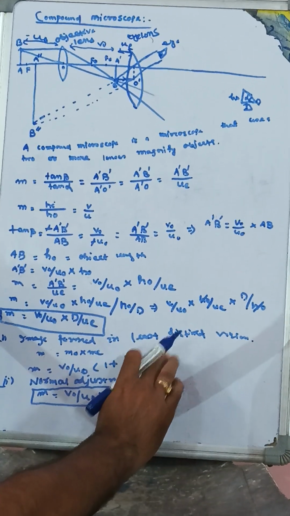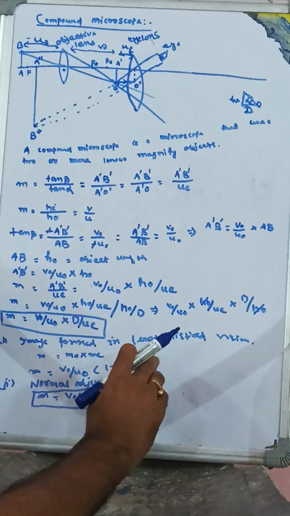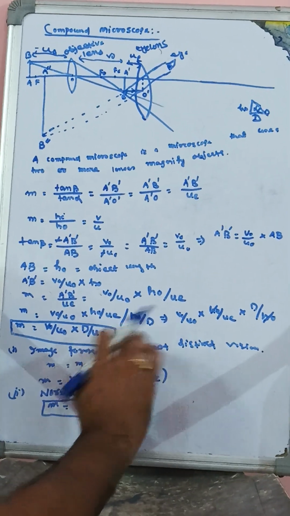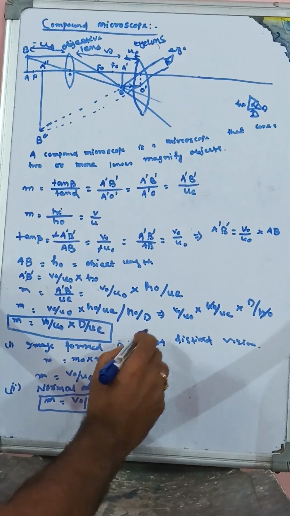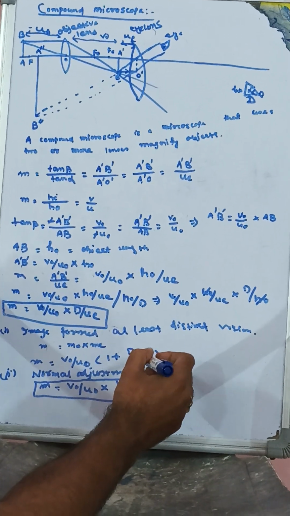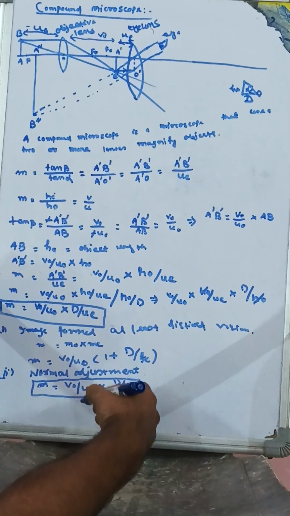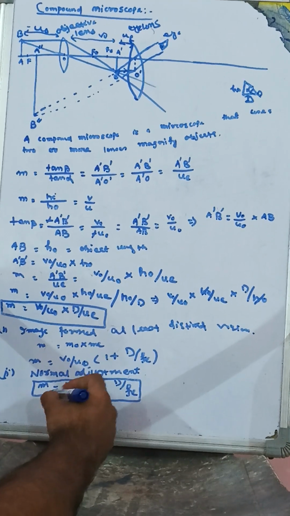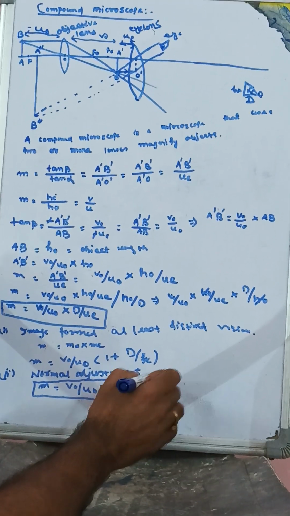This is the equation for the image formed at the least distance of distinct vision, v0 by u0 into 1 plus D by fe, and in normal adjustment M is equal to v0 by u0 into D by fe.